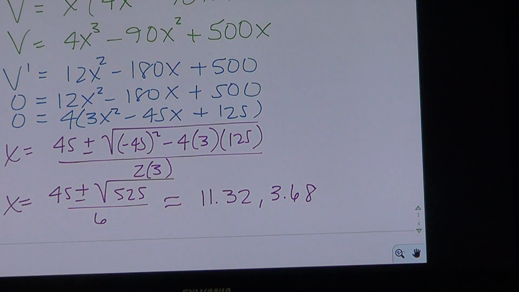That's our answer? What's the answer? What about 11.32? It's bigger than 10. Right, so that's why we decided what the domain was at the beginning, because we can't have a domain bigger than 10. So it has to be 3.68.